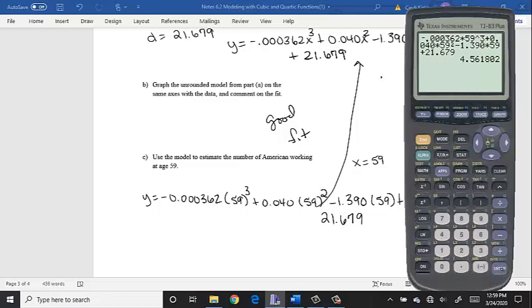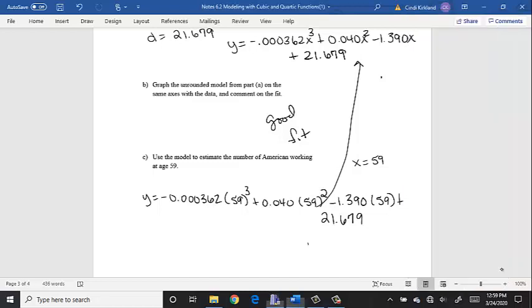And when you get that, you get 4.56. So the estimated number of Americans working at age 59 would be 4.56. Remember, our data is in millions. Okay?